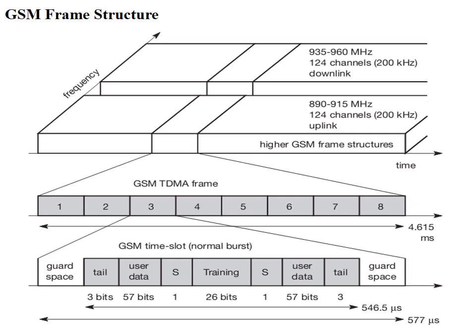Each TDM channel occupies the 200 kHz carrier for 577 microseconds in every 4.615 millisecond frame. Now out of the 577 microseconds, only 546.5 microseconds contain the actual data, and the remaining part is used as guard space.